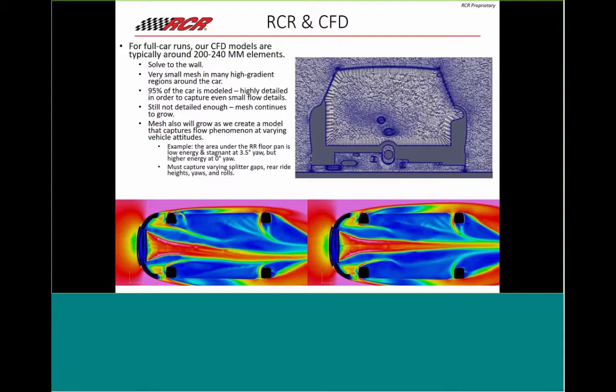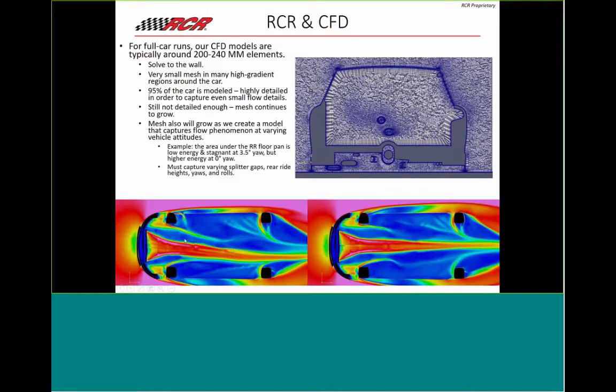Over time, the mesh will continue to grow. That is how it's been in the 6 years that I've been doing this. The mesh has probably doubled in size already, and it will continue to grow for a number of reasons. One example is these flow field pictures at the bottom of your screen here. These are two different cases. One is at 3.5 degrees of yaw, and one is at 0 degrees of yaw.